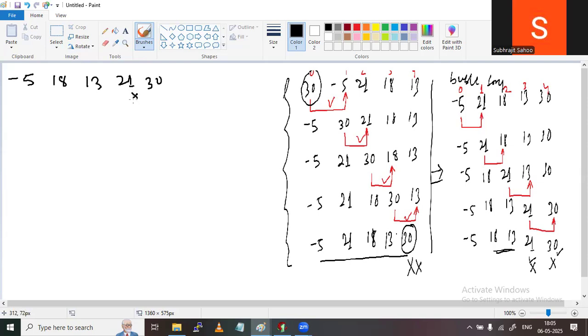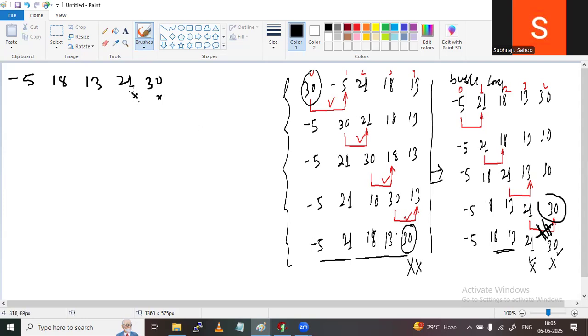I will ignore these two. Not required. Here I checked, but I told you I have to ignore it, and I checked mistakenly. It is not required to check 21 with 30, because 30 is at the proper position, right? So, mistake. Okay, no problem.